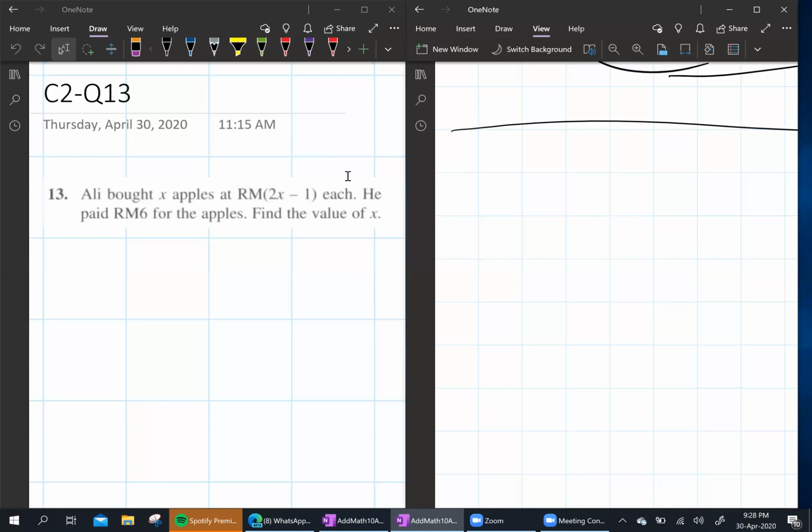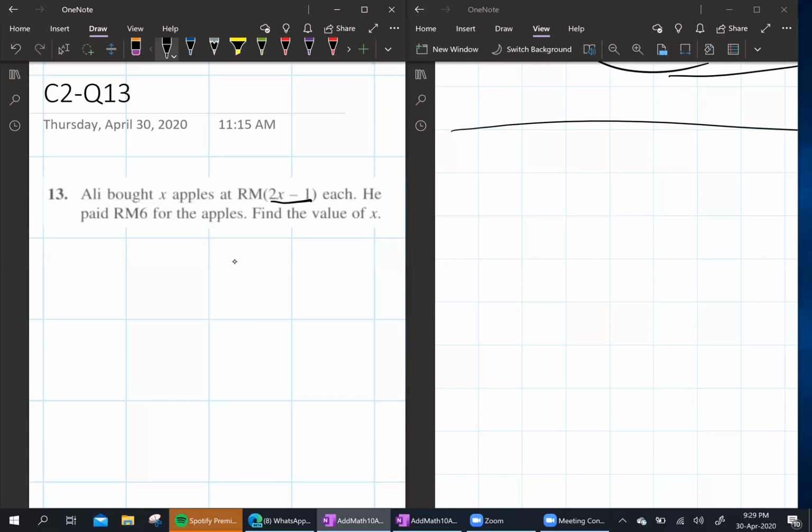Teacher, my answer here is negative 3 over 2 and positive 2. If one apple is 2x minus 1, x apples is how much?